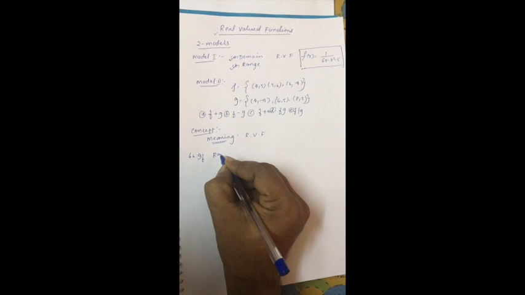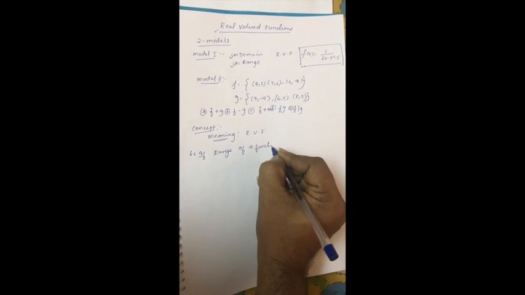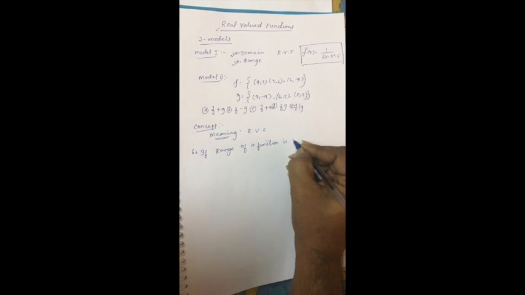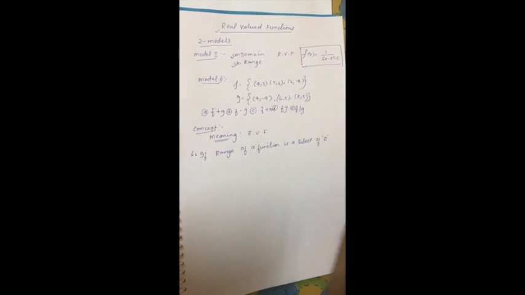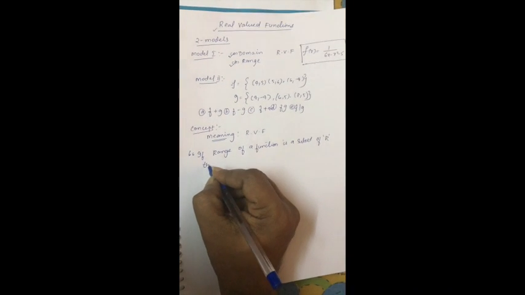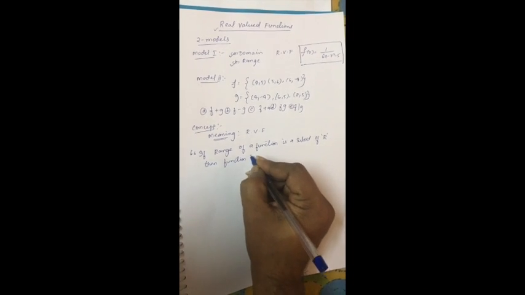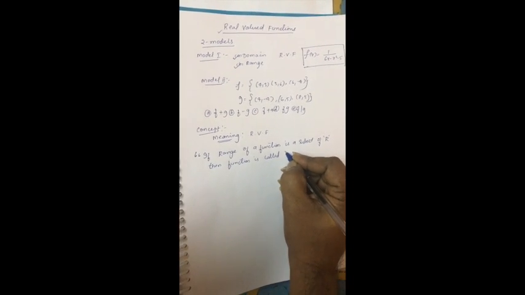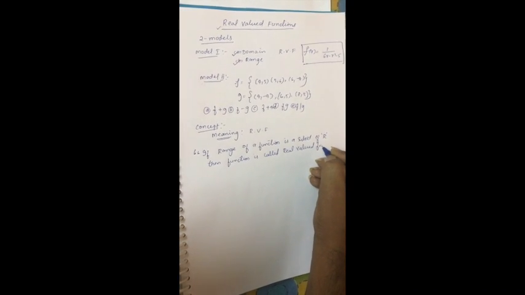If the range of a function is a subset of R, the real numbers, then such a function is called a real valued function.